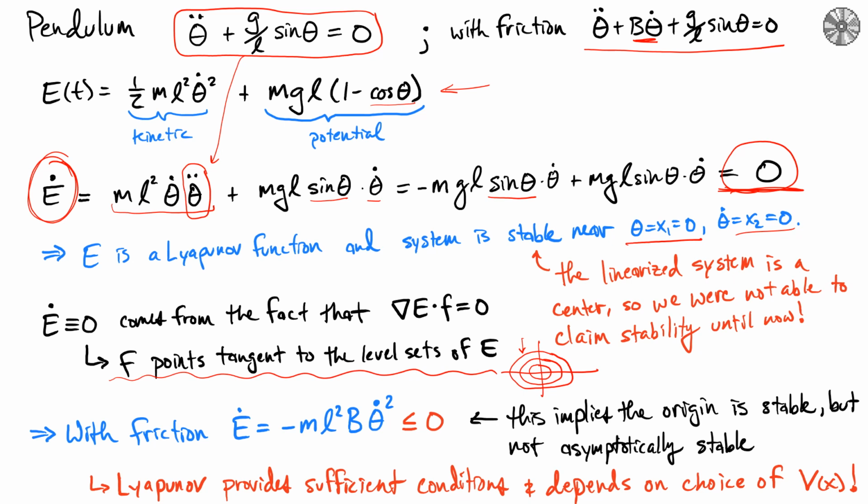Those are the level sets of our Lyapunov function. If we were to add friction, then the E dot term would have a quadratic term in the angular velocity, with a minus sign, which would imply that not only is it stable, but it's also asymptotically stable.